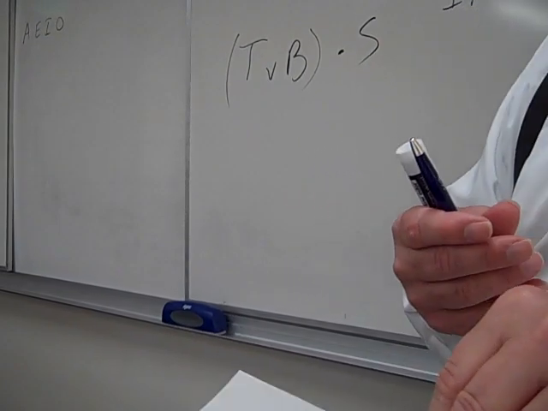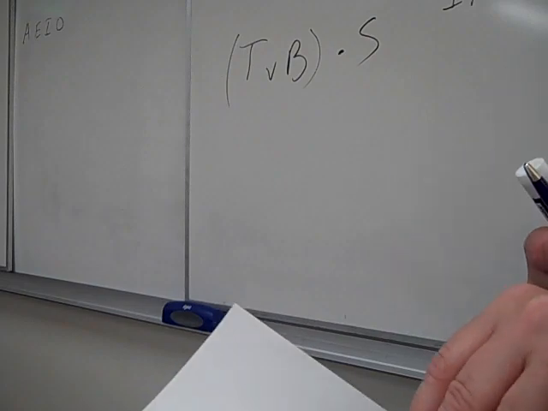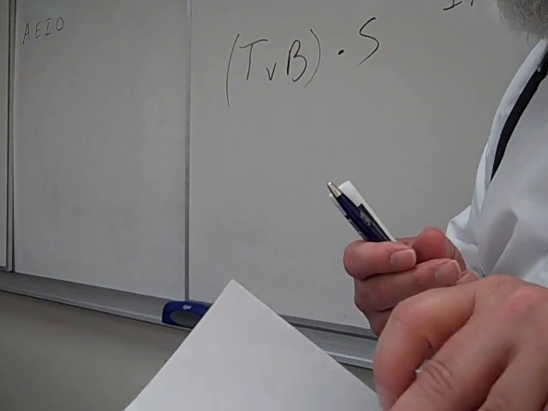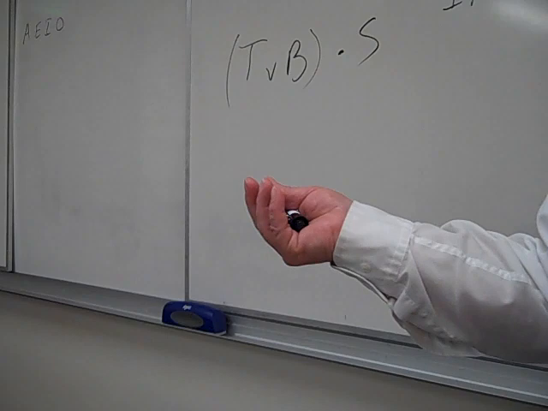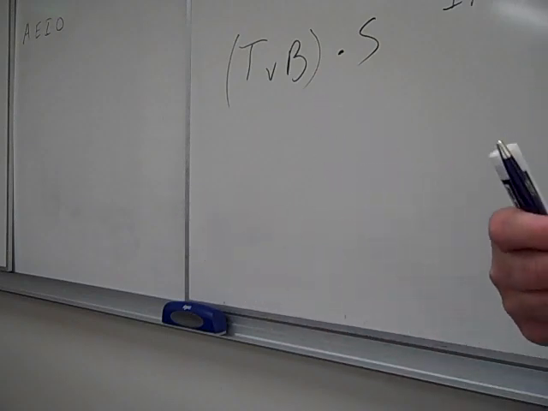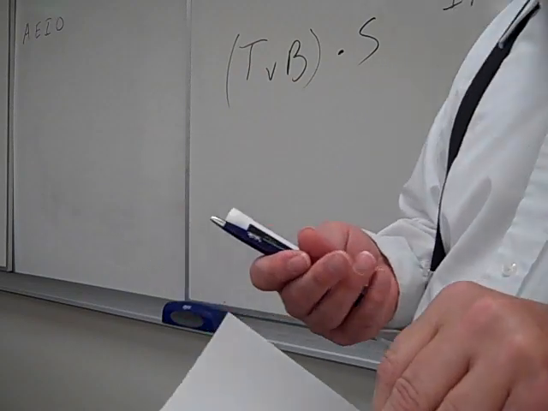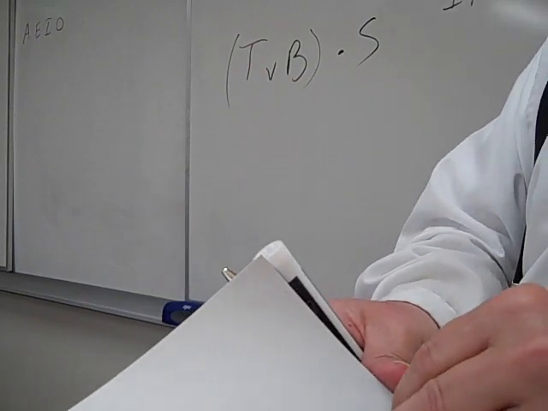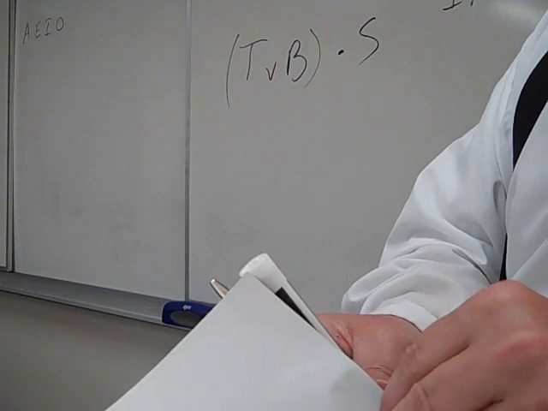Remember, it's true provided both the left and the right are the same. So if they're both true, then it's true. If they're both false, then it's false. It's only false if you have a mix between the left and the right.